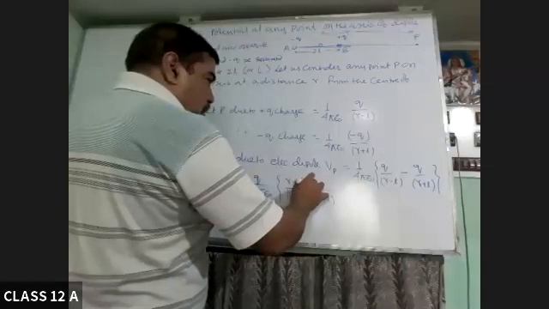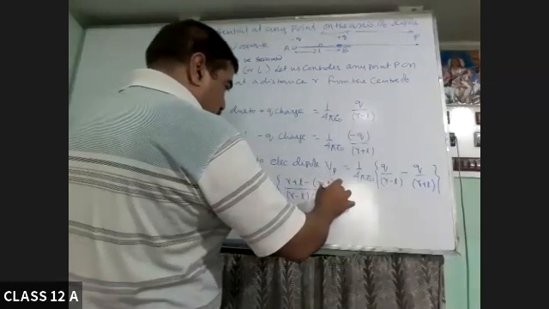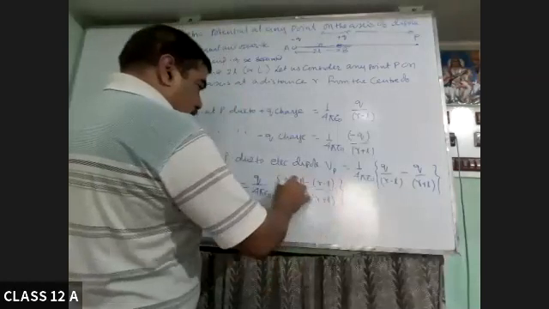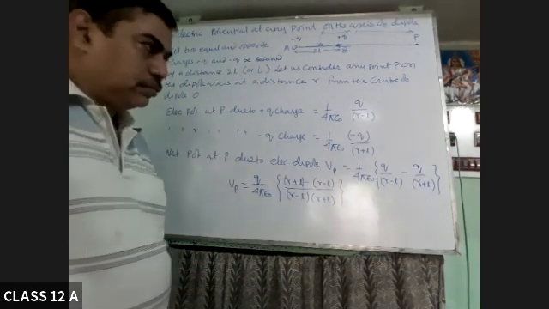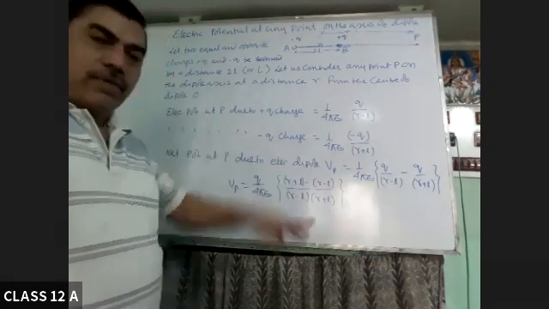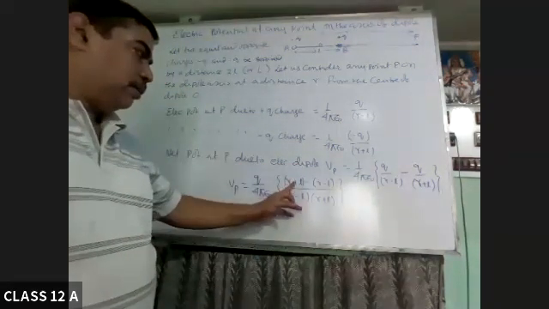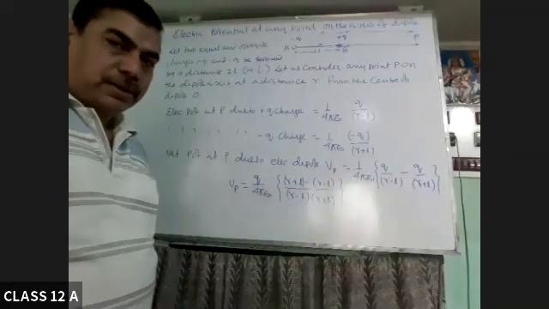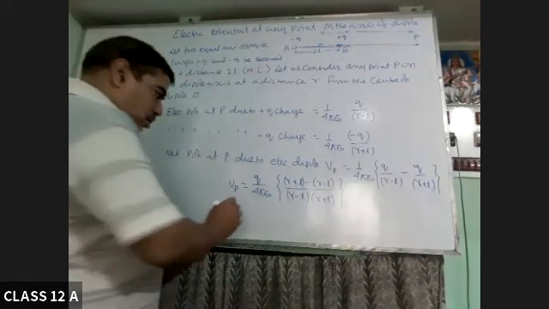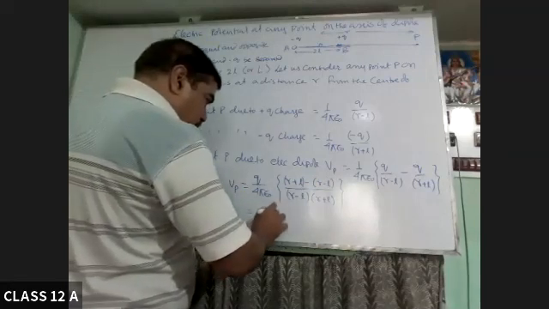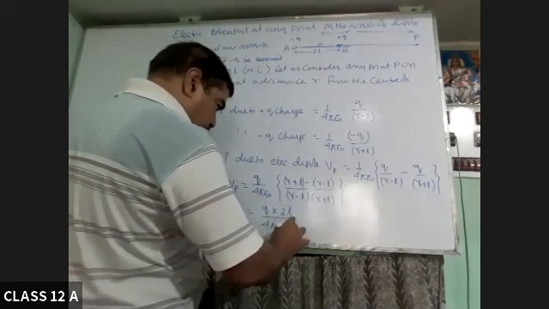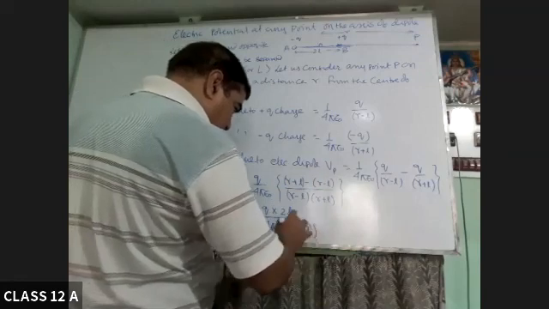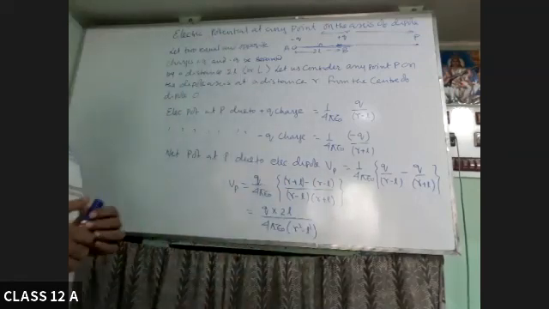Now this R will be cancelled, plus L, and here minus of minus again becomes plus L. So this will become Q into 2L over R squared minus L squared.